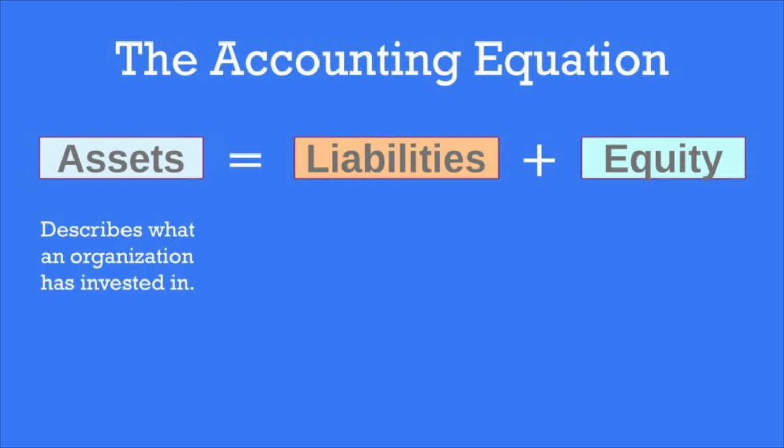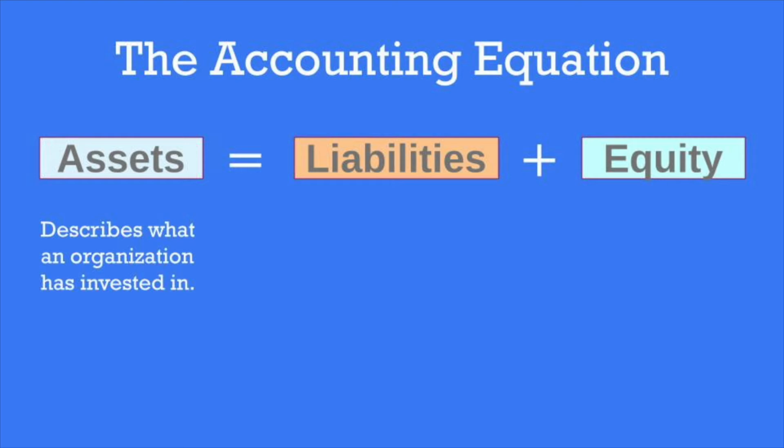So what you own is on the left and what you owe is on the right. What we owe is broken into components, what's outsiders and what's insiders. So assets equal liabilities plus equity, and they will always be in balance.